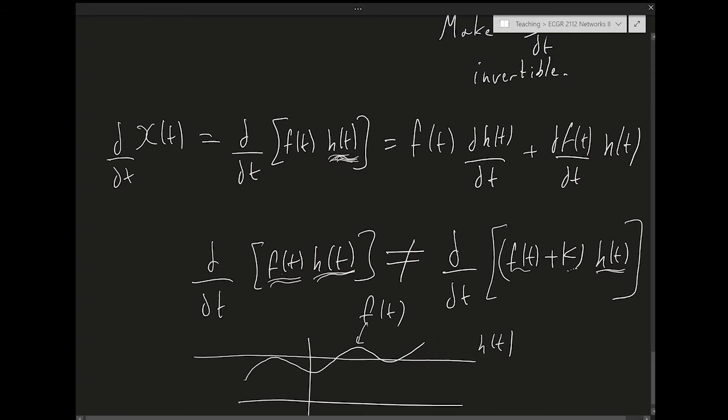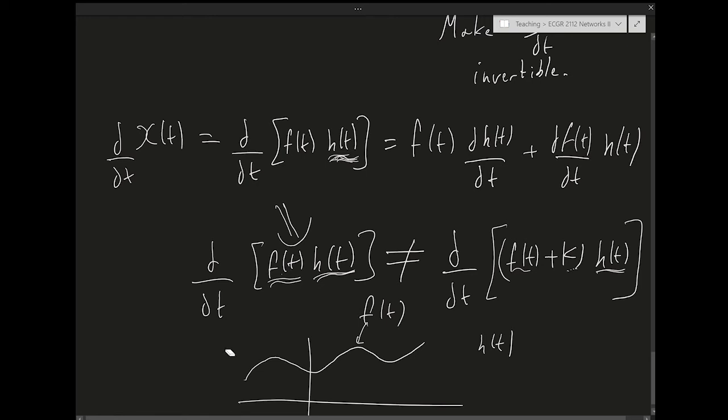But that will be useless, because if I define h of t to be a constant, dh by dt will be 0, and nothing will change, so this won't be true anymore. So I want to define h of t such that it doesn't interfere with f of t.